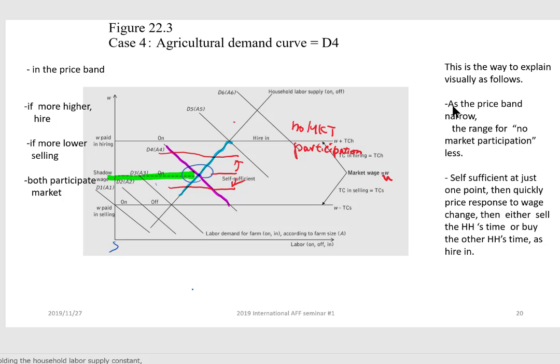Then, as the price bound narrows, this figure initially has a relatively wide price bound with an upper bound and a lower bound.